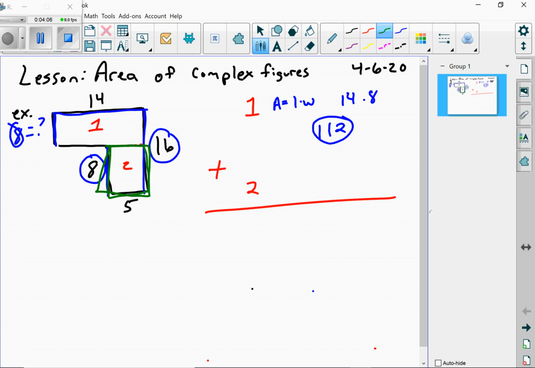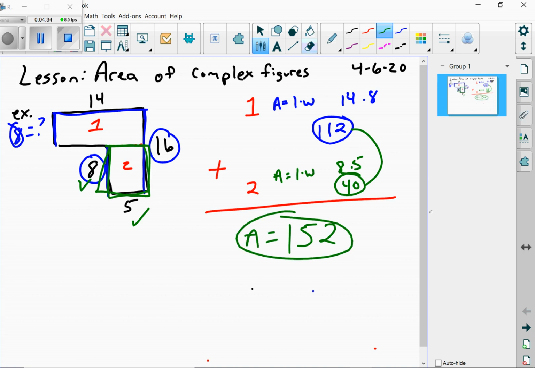Things I know about it, it looks like to me it's an 8 by 5. So I got the dimensions here. Again, the area equals length times width. I like 8 times 5. We all know that that's 40. All I have to do is add these two together. 112 plus 40. I like 152 for a final answer on this problem.